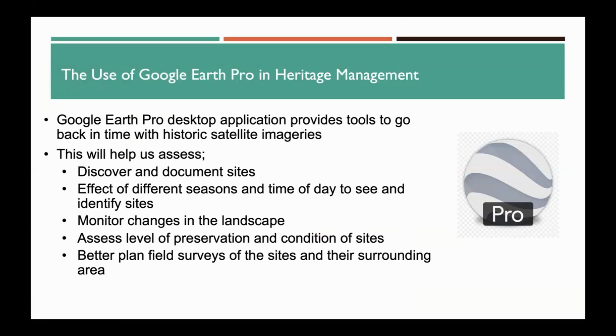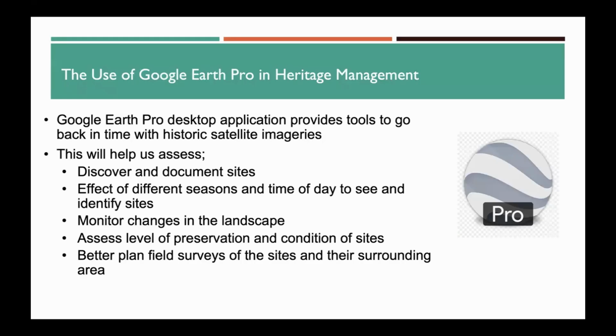So as I mentioned before, we rely heavily on using Google Earth for heritage management. In addition to GIS platforms, we make extensive use of Google Earth. Its historical imagery features allow us to track changes over time, making it particularly valuable for monitoring site conditions and threat assessment as well.